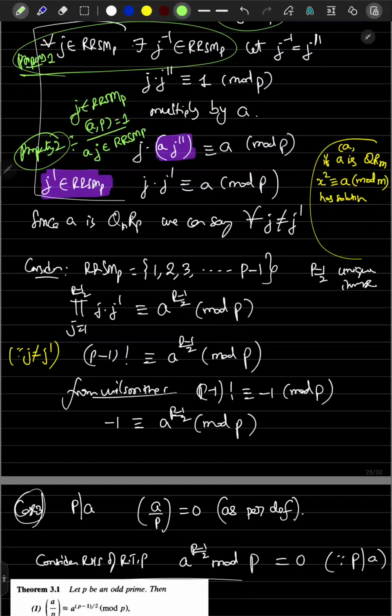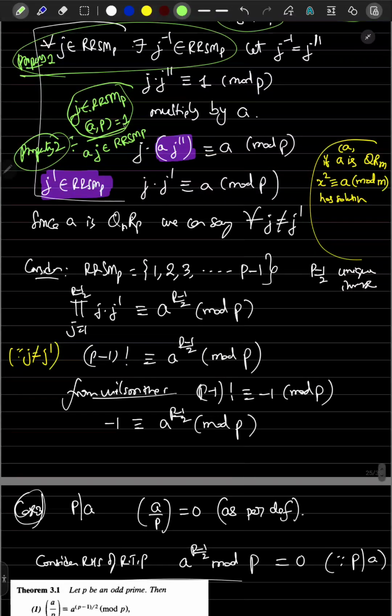Very nice, no? J belongs to this, and let's take some integer a such that it should be coprime with P, meaning GCD equals 1. Then their multiplication must belong to RRSM P.